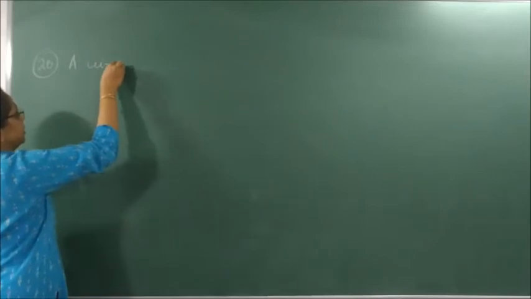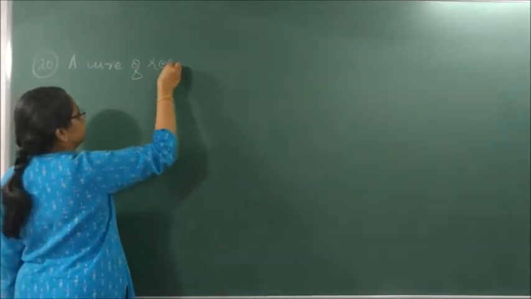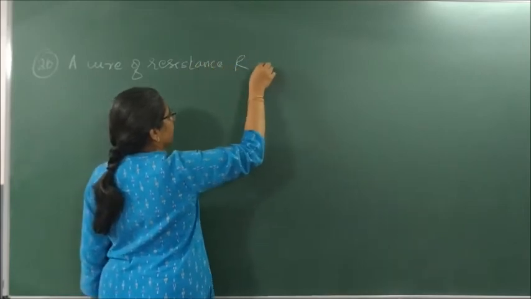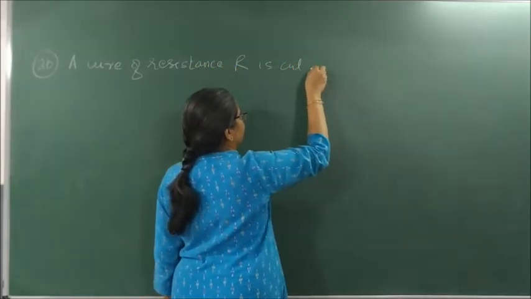A wire of resistance R is cut into 3 equal parts.